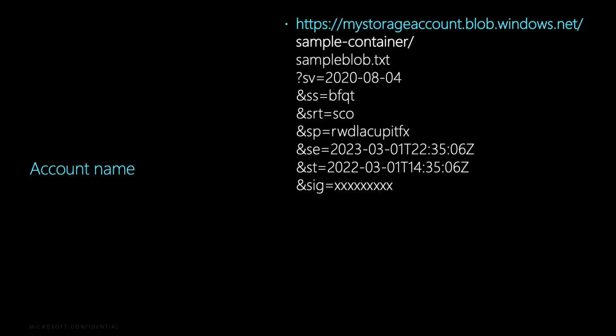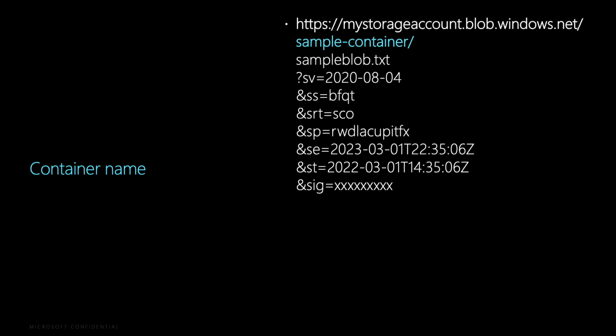Here we have the first section of the storage resource URI, which is the account name .blob.windows.net. Again, for it to be the most secure, we've used the Hypertext Transfer Protocol Secure, and this first section of the string represents the account name.